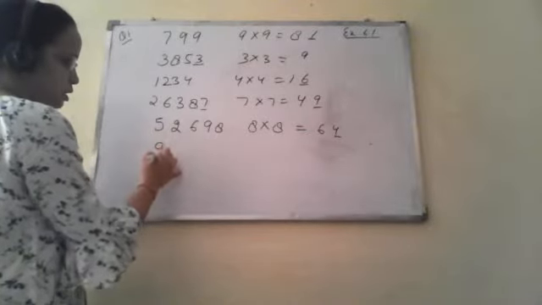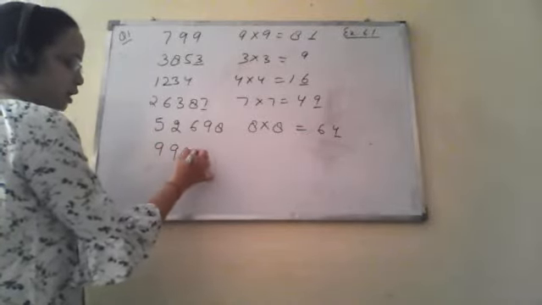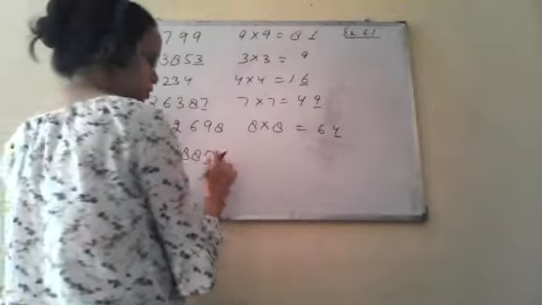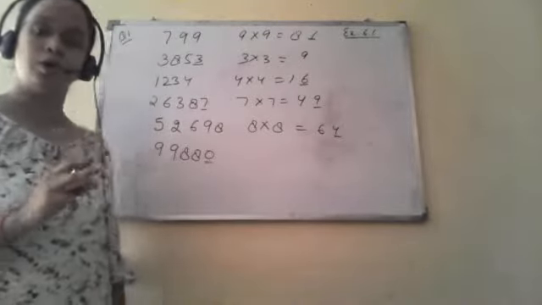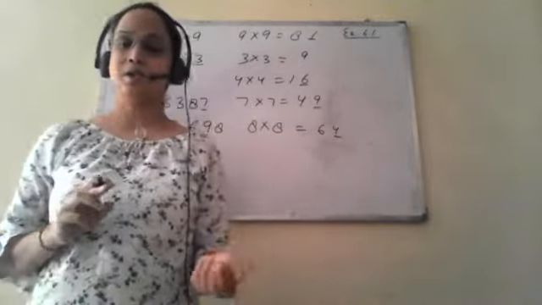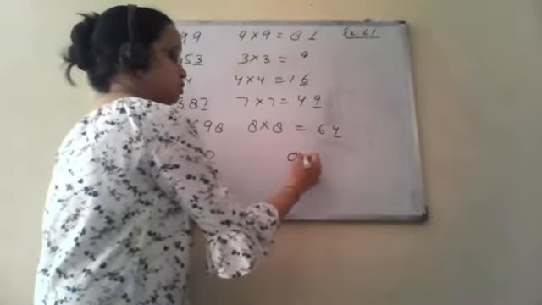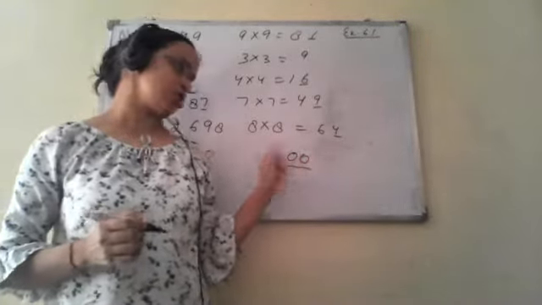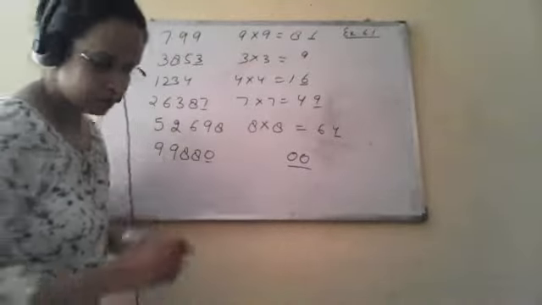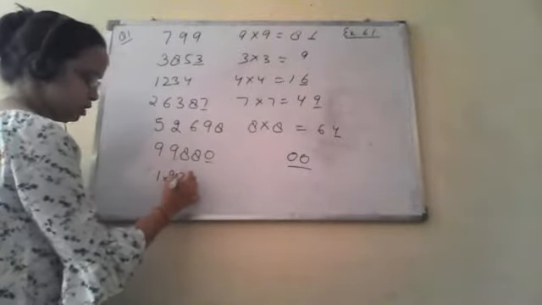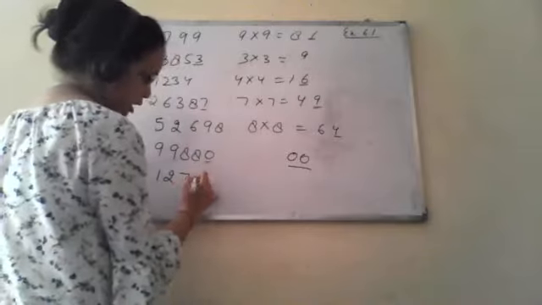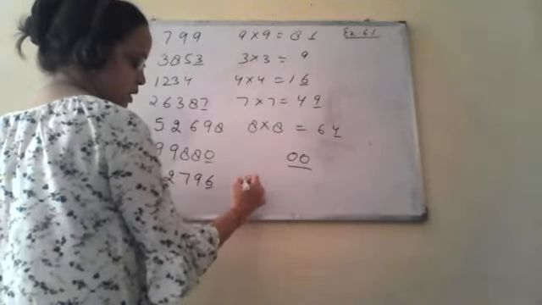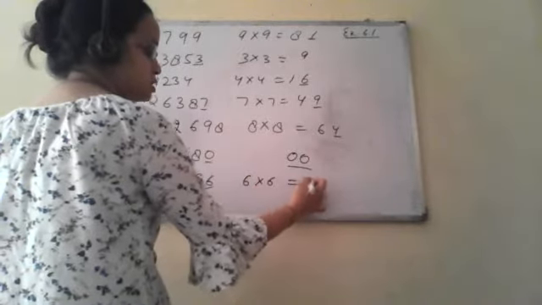Next is 99880. When a number has 0 at its unit place, its resulting square will have double 0. So the square of this number will have double 0 at its unit place. Next is 12796. We just multiply 6 into 6, that is 36.